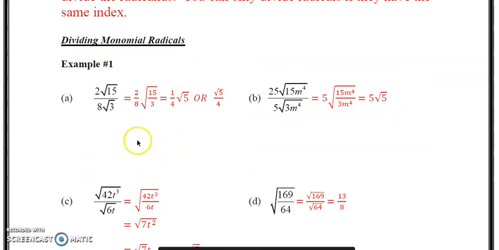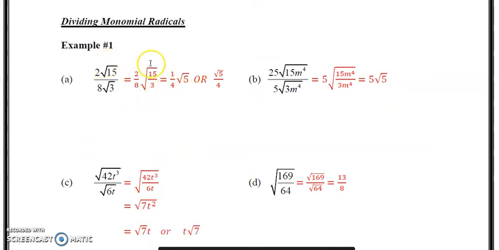So let's take a look at dividing monomial radicals. Example 1a, we have 2 root 15 divided by 8 root 3. So what I've done is I've separated them into the fraction out as the coefficient out front, 2/8, and then the 15 divided by 3 becomes all underneath one root sign, which we did learn when we did exponents, you may recall.